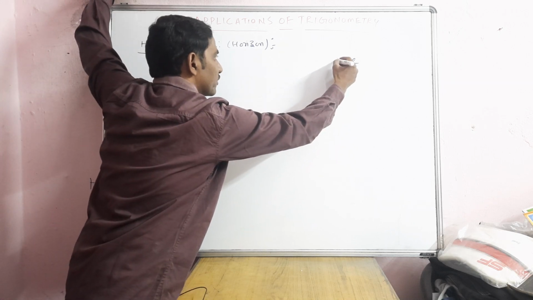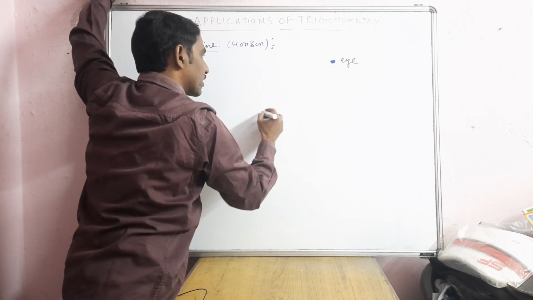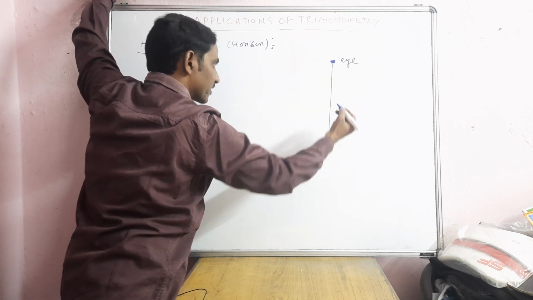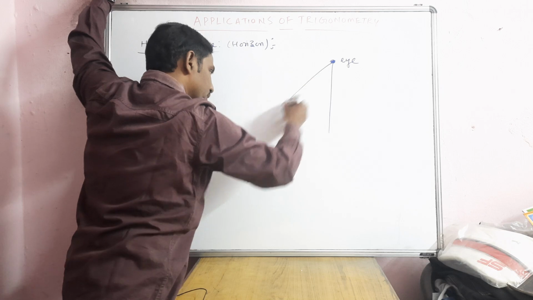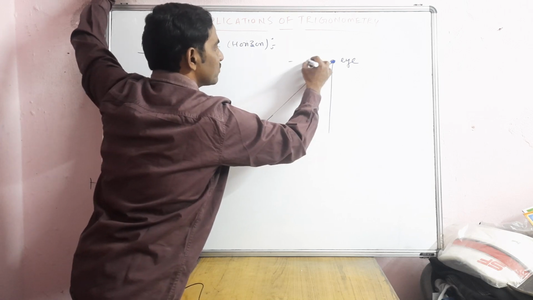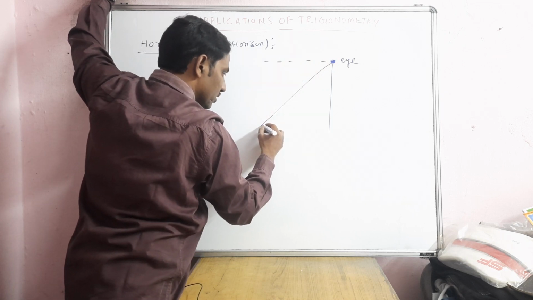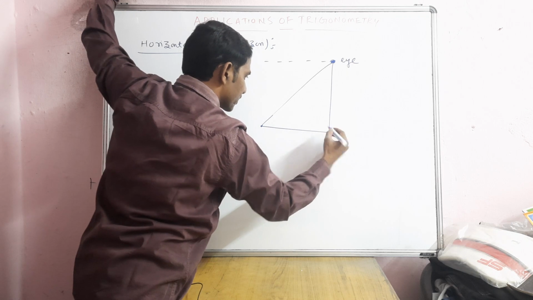Suppose this point is your eye. A car is approaching you while you are standing on a mountain or hill. You will see the car coming. From your eye, we imagine one horizontal line which is parallel to the earth. The car is coming along the road towards the mountain.